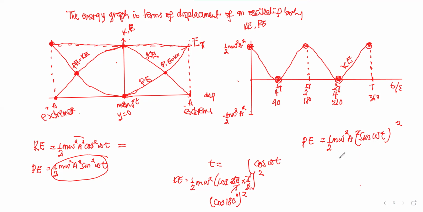Yes. This is 0. For sine functions, the graph would always start from 0, so you don't waste time. Okay, so when t is a quarter of the period, or theta is 90, what will be the value of the potential energy?